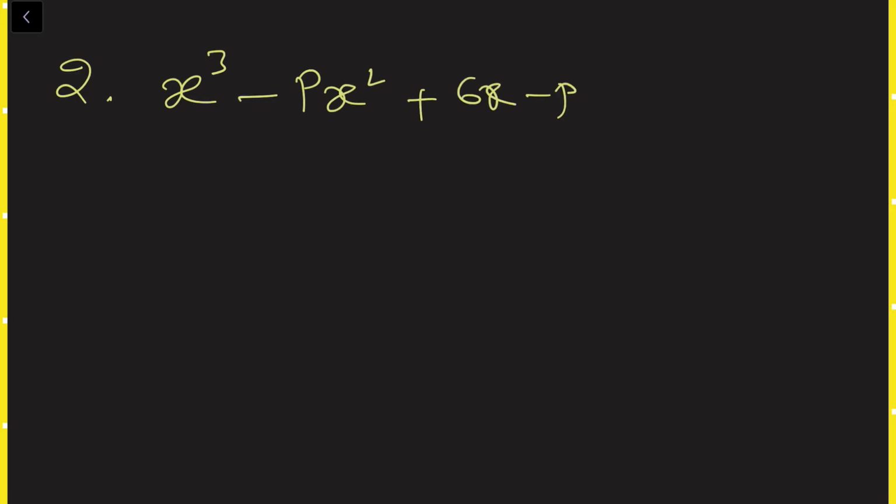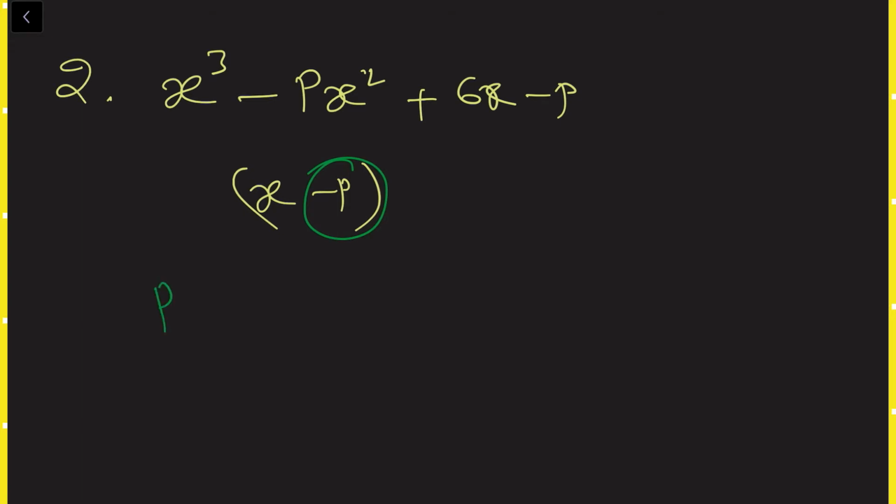By this first bit is completed, now let us move to the second bit. Find the remainder when x cube minus px square plus 6x minus p is divided by x minus p. Here x minus p is there, so minus p is there, we need to substitute plus p.